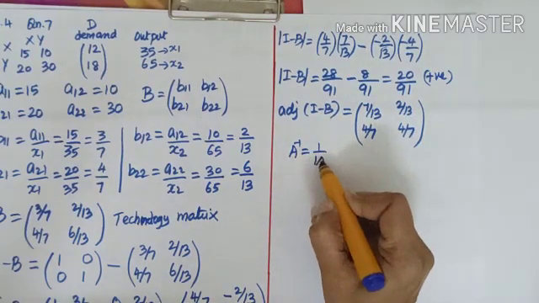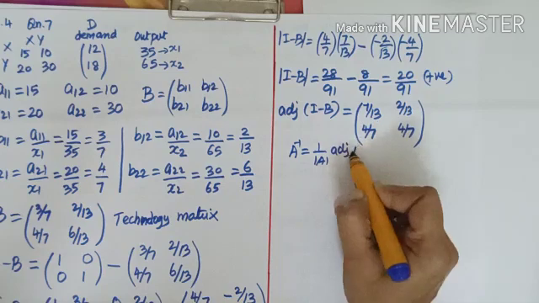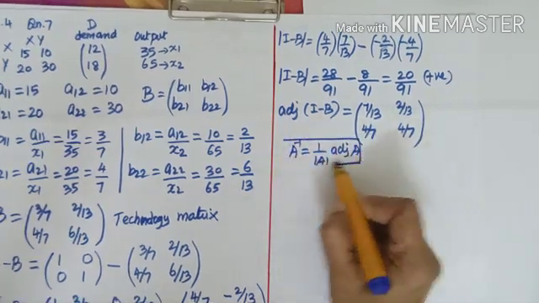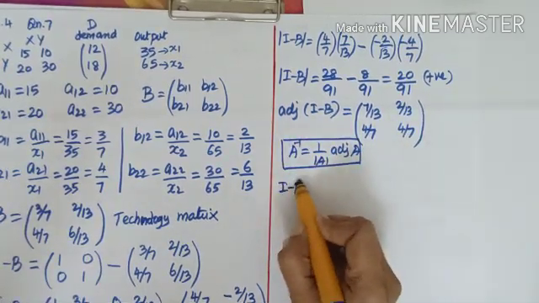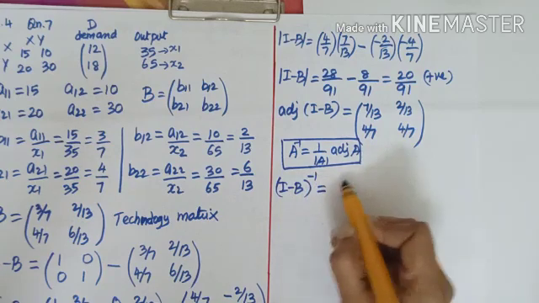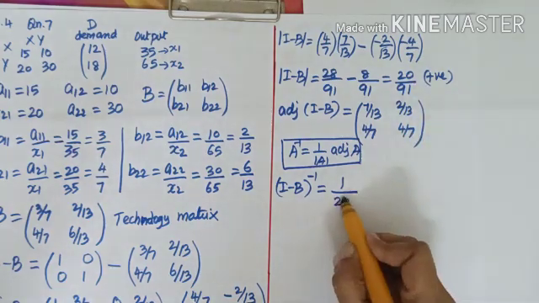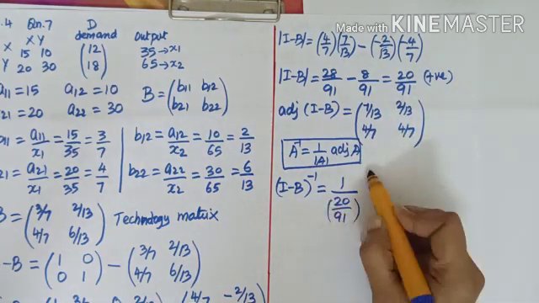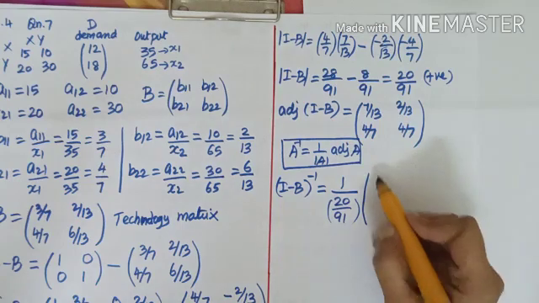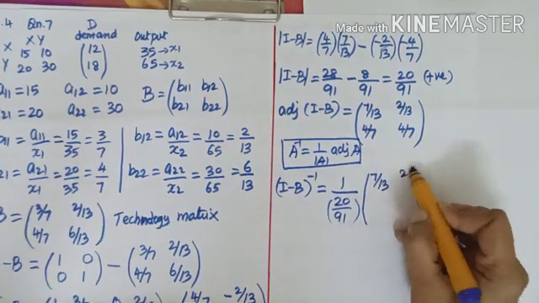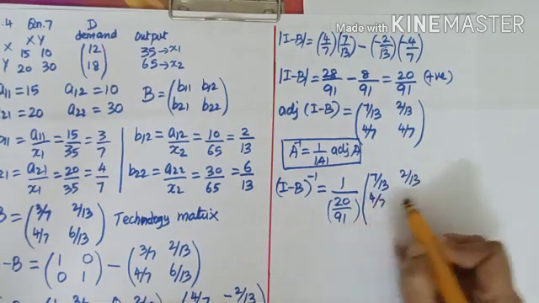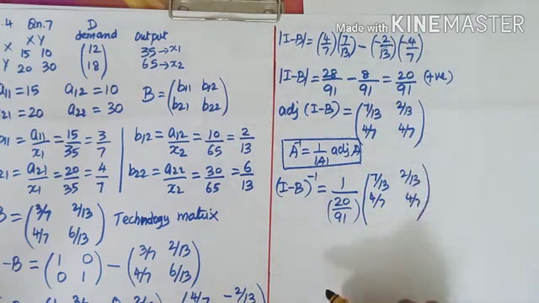A inverse is 1 by determinant A adjoint of A. Using that formula, what is I minus B inverse? 1 by determinant I minus B. My answer is 20 by 91 into adjoint 7 by 13, 2 by 13, 4 by 7, 4 by 7.